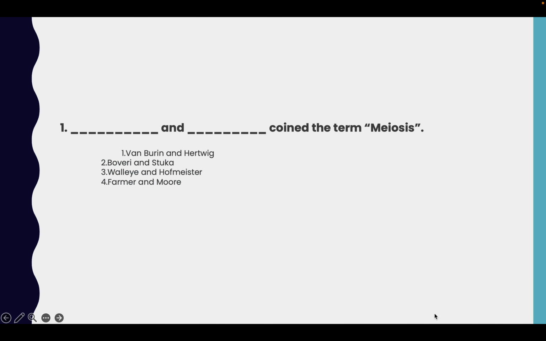So, starting from the question number 1, which of these scientists coined the term meiosis? Anyone knows the answer? Anyone?